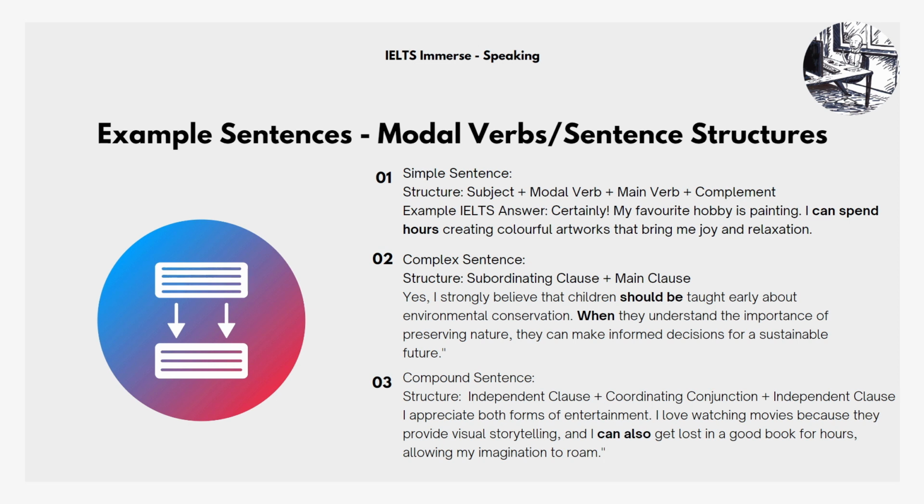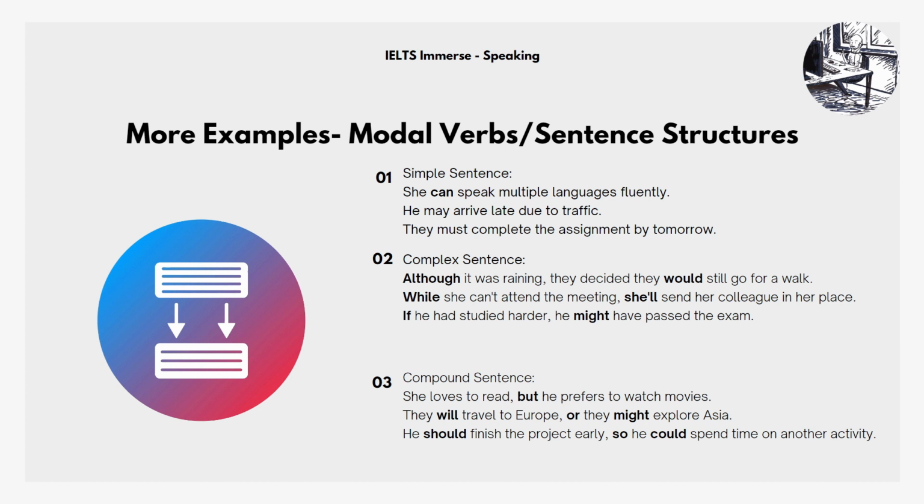It's harder to explain and will take a bit more time, but just have a look at how the sentences are structured. And of course, I can provide individual lessons on this type of grammar. But as long as you know enough and you know what they are, you can try to incorporate this in your IELTS answers. Here are examples of 3 different ones: the simple sentence, the complex sentence, and the compound sentence.